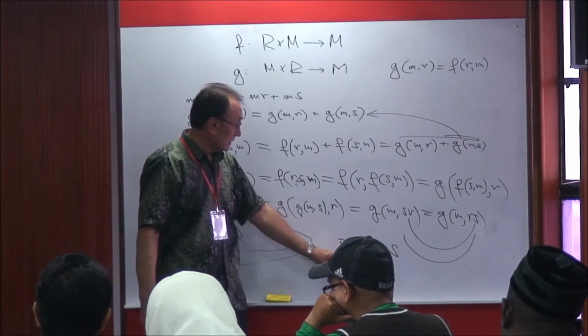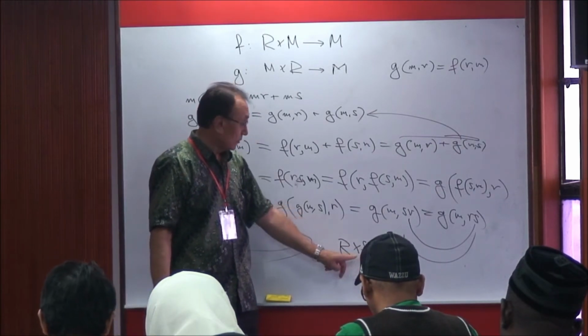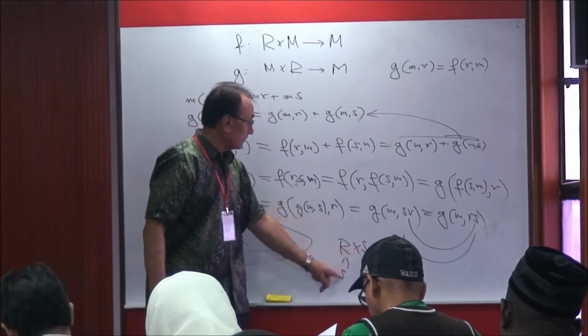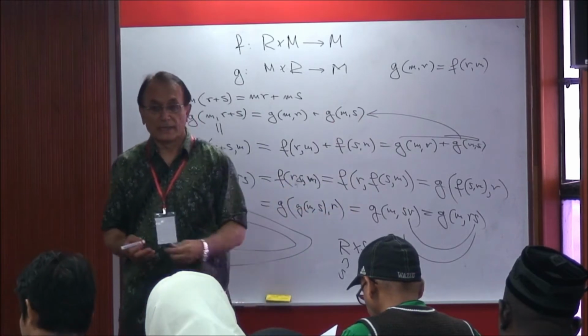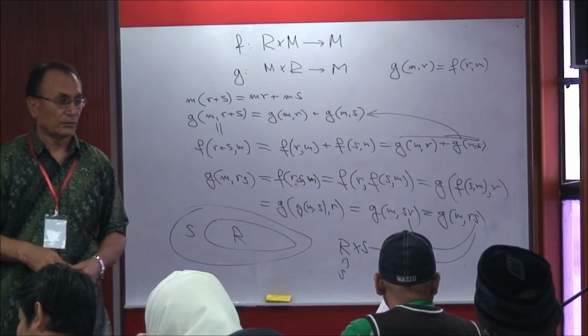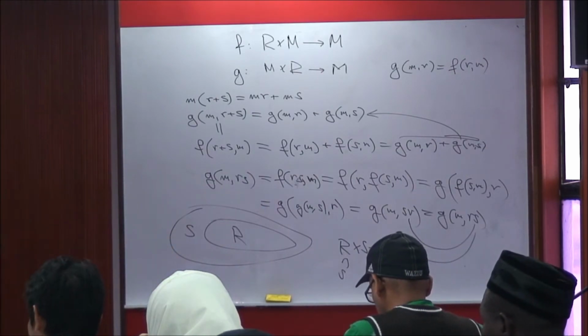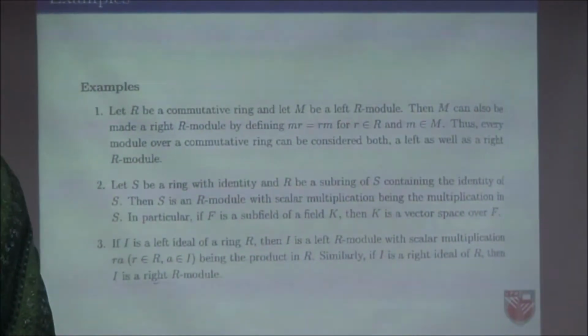If you take an element of R and multiply by an element of S, but R is part of S, then the product of two elements of S will be in S. Then all four axioms you can easily check. They are a result of ring axioms.